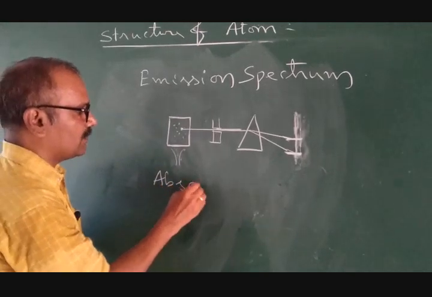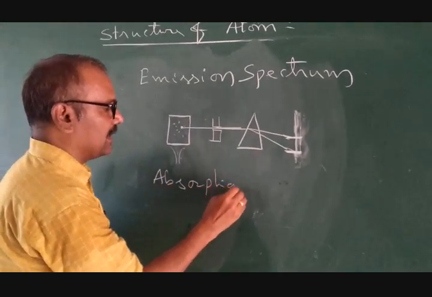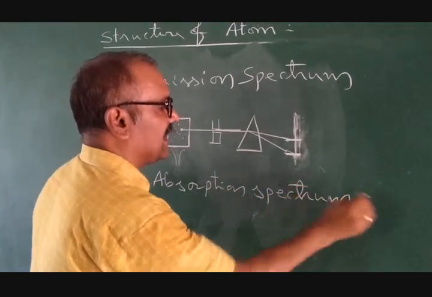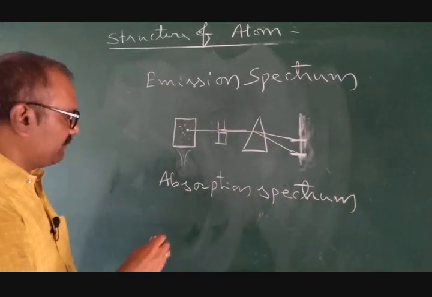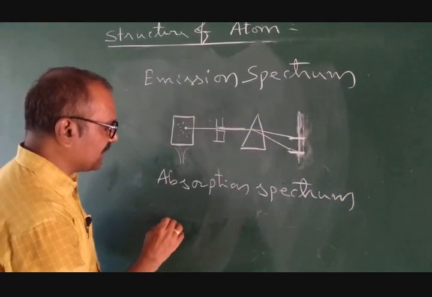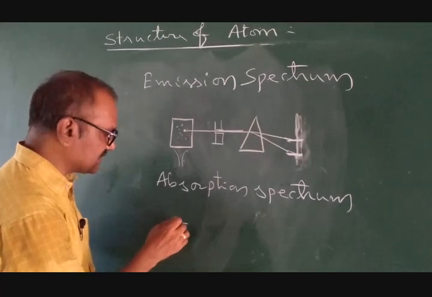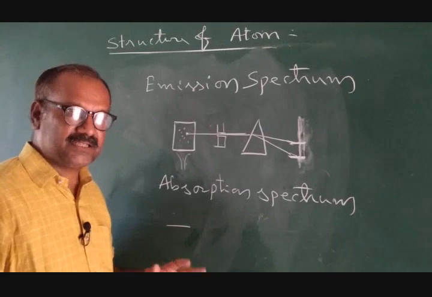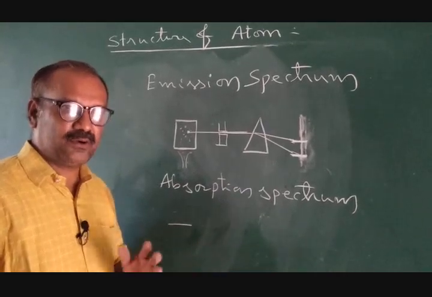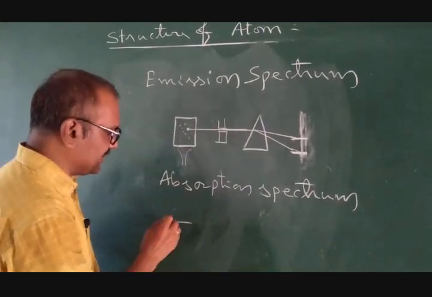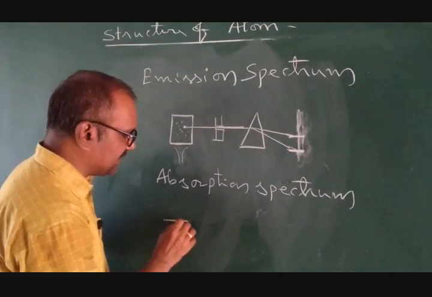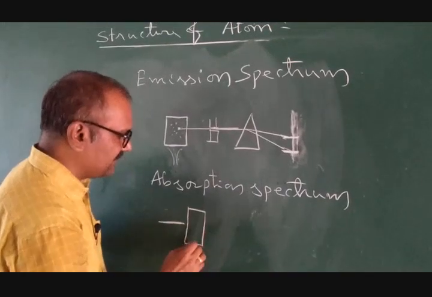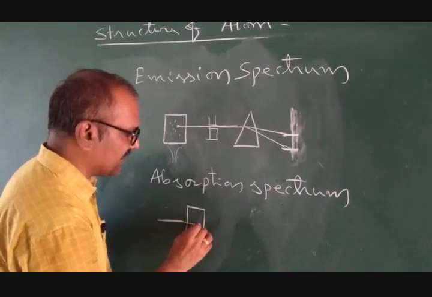Next, absorption spectrum. Absorption spectrum means when white light, a beam of light, which contains all the radiations, that means VIBGYOR, violet, indigo, blue, green, yellow, orange, red, and all remaining electromagnetic radiations, is passed through a gas in a glass tube.